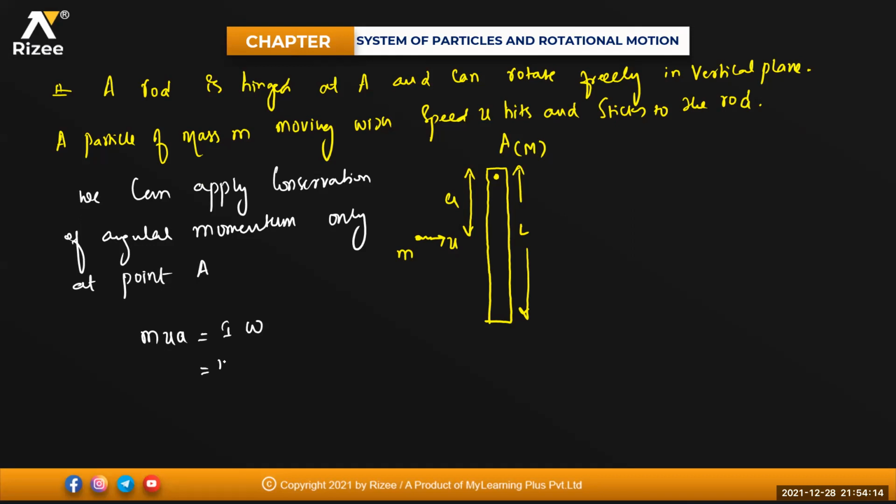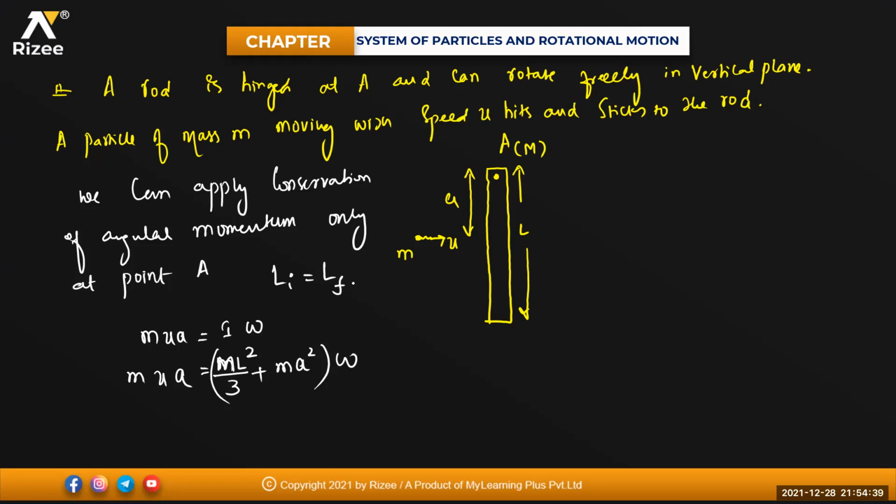So I will be equal to capital M into L square divided by 3, because it is about one end, plus m into A square, the mass of the particle, into omega. So this is m u A. From this one you can simplify and do the problems. That means the initial angular momentum of the particle must be equal to the final rotational angular momentum.